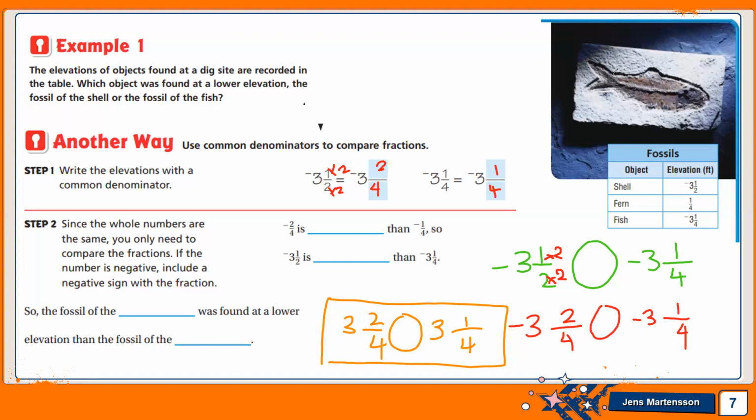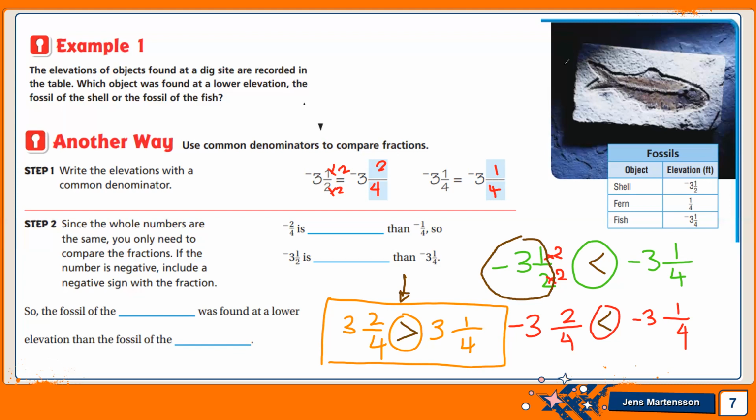Bravo, in the positive, 3 and 2/4 is greater. But when I come back to the negative, I will switch the sign. So -3 and 2/4, or -3 and a half, is less than -3 and 1/4.